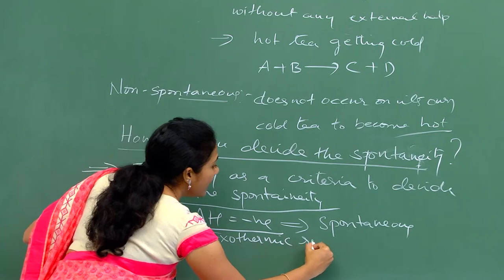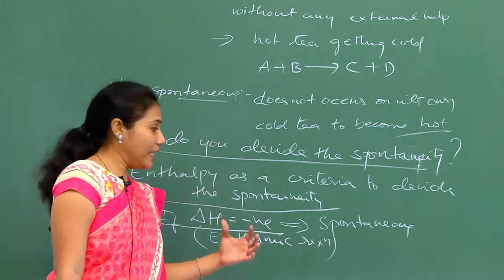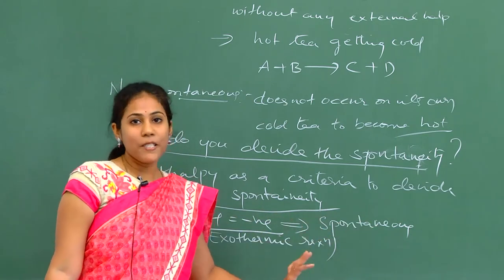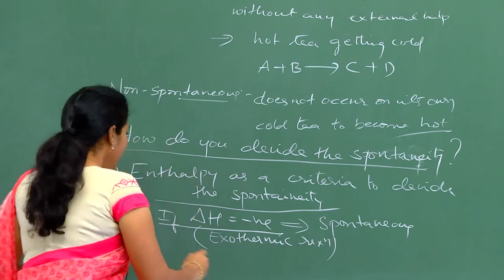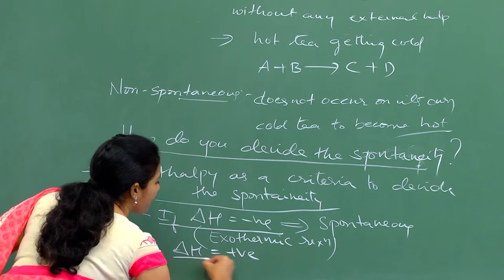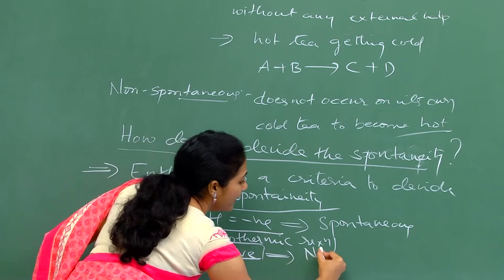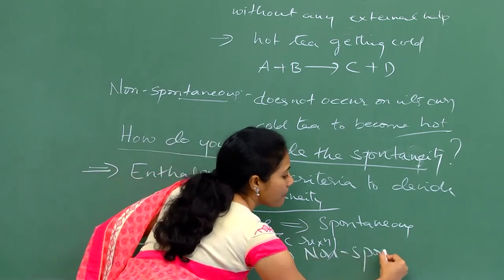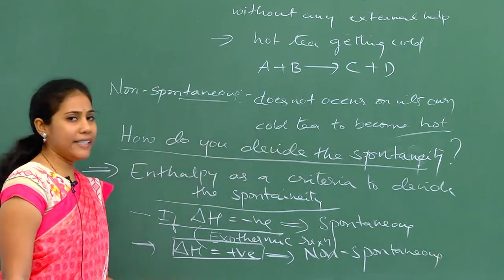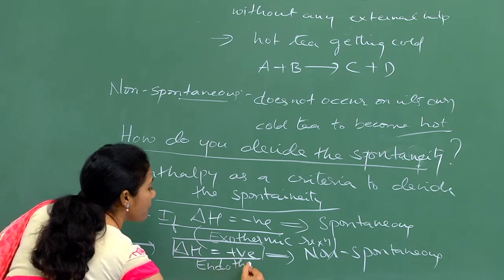Only for exothermic reactions will you find negative delta H. So whenever you have a negative delta H value, they thought that the reaction is spontaneous. And whenever delta H value is positive, then the reaction will be non-spontaneous. Positive delta H value in the sense what? Endothermic reactions.